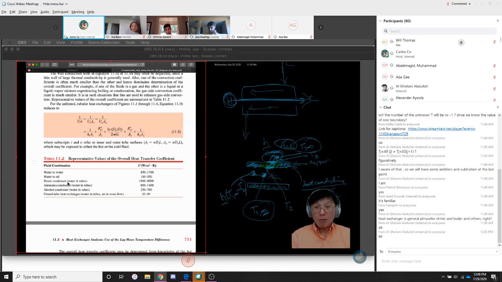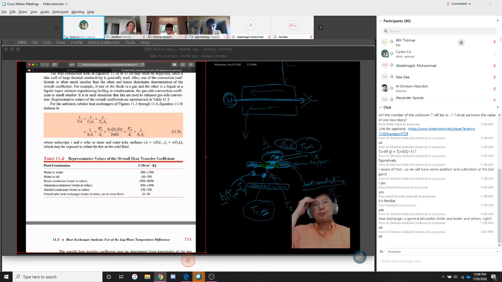So it's water inside the tube and you're heating that up by condensing steam, which is vapor, on the outside of the tubes. And so that is a steam heat exchanger. There are more varieties, but these are the two typical values you need to remember: about 1,000 for water to water and maybe 3,000 for steam to water. Just rough values.